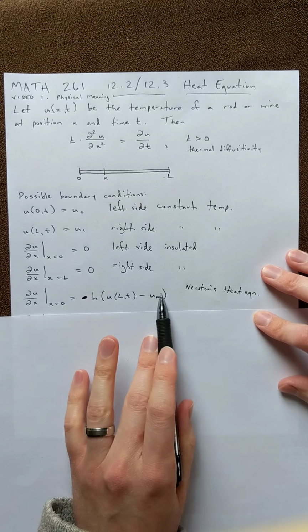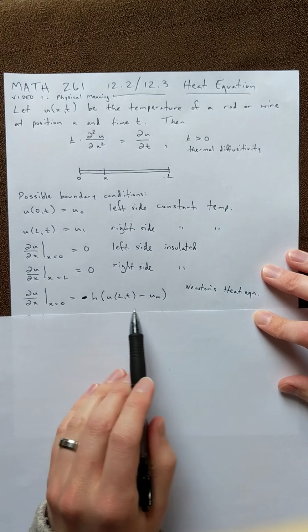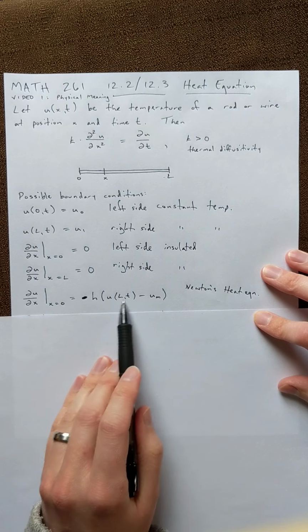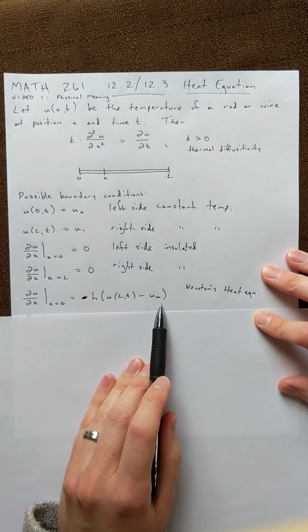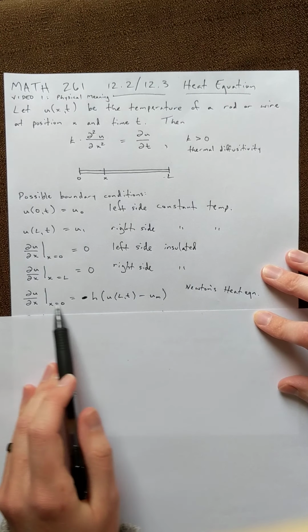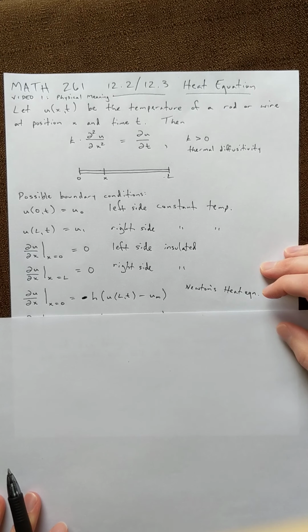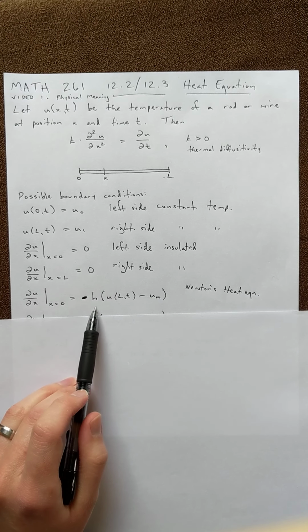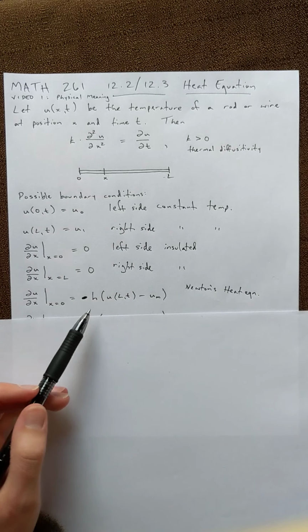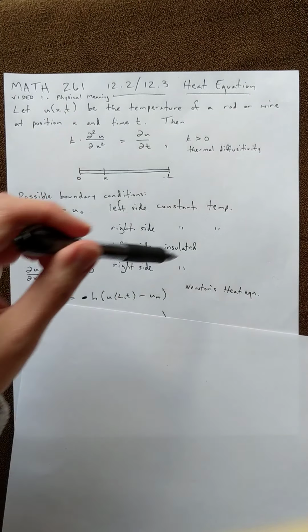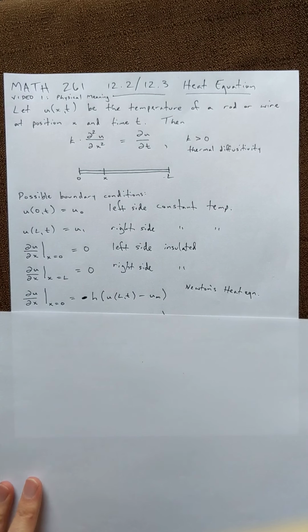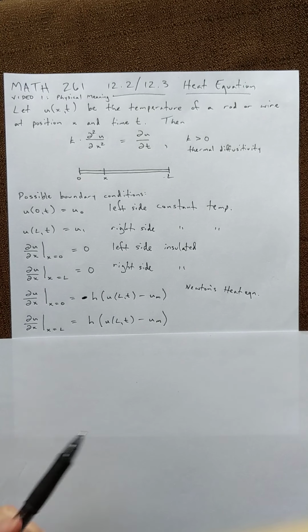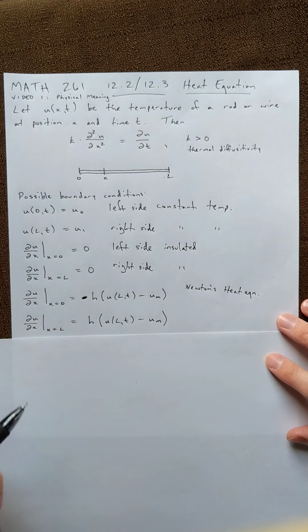Okay, great. That's the temperature of the medium. If the right side is what's in the water, then that would be an equation that looks something like this. And then the constant H is your proportionality, which could be positive or negative depending on if the heat is leaving or entering through that end of the rod.